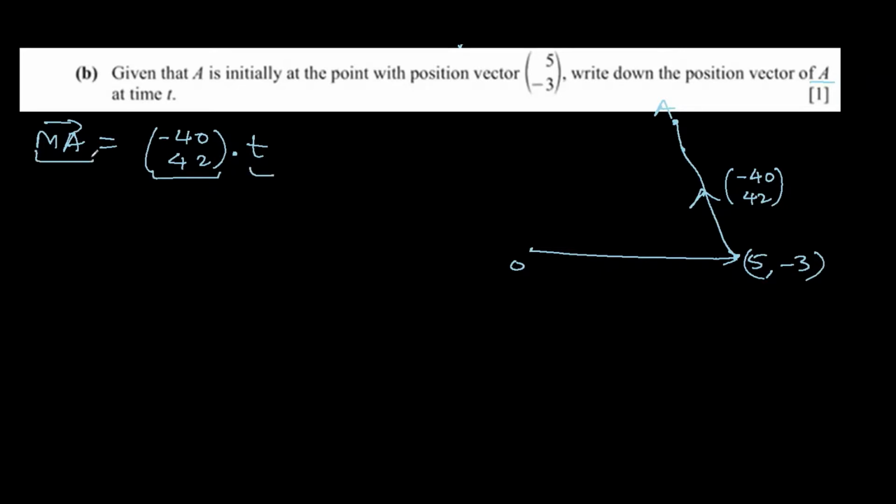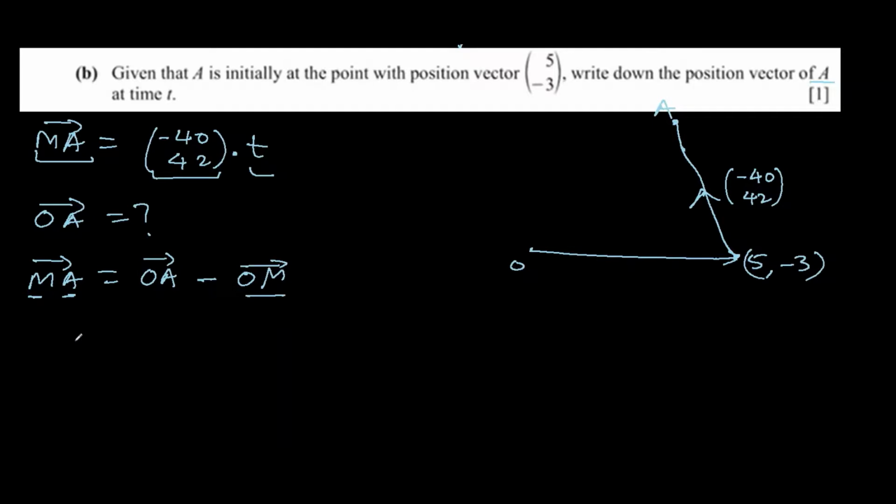Velocity times time will be the displacement MA, right? And they are asking us the position vector of A, which is OA. So we know MA vector will be the position vector of the head, which is A, minus the position vector of the tail, which is M.